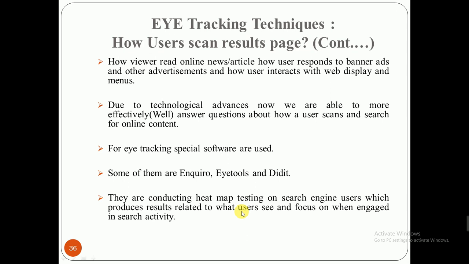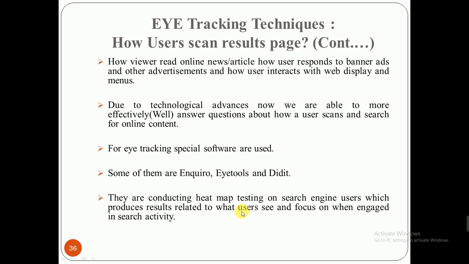Whenever you are visiting any website, many times you see advertisements. Next one, the menu. Whenever you go to a website, there may be a different style of menu, different types of menu, different types of facilities and services available. So it's a user response, how the user will respond to this.